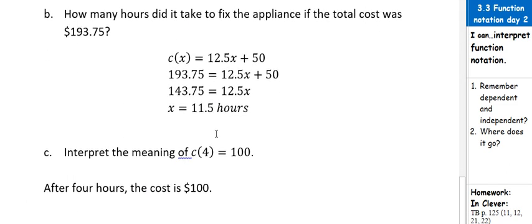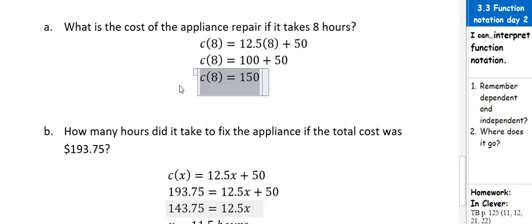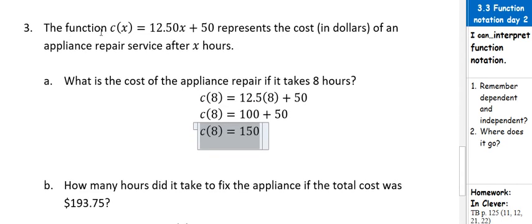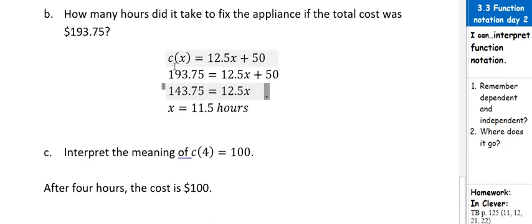If I look at B, it says, how many hours did it take to fix the appliance if the total cost was $193.75? The function c of x equals 12.50x plus 50 represents the cost. That tells me that that's the big one. The outputs of this are cost.